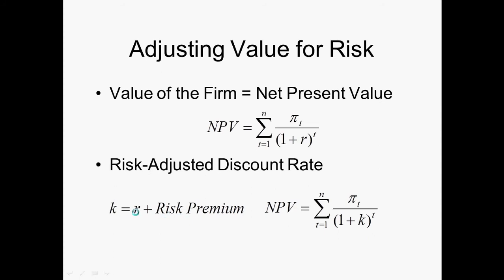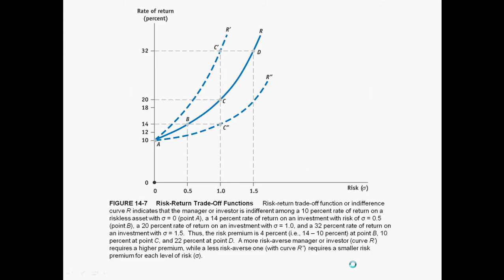Maybe 6% is the going interest rate, but that's 6% if you were to invest at a risk-free rate. In practice, if you were going to invest in a way that has all this risk attached to it, you would demand a higher premium. Maybe K, maybe 9% would be that. Then you would calculate the net present value accordingly. So this is one way to adjust for risk.